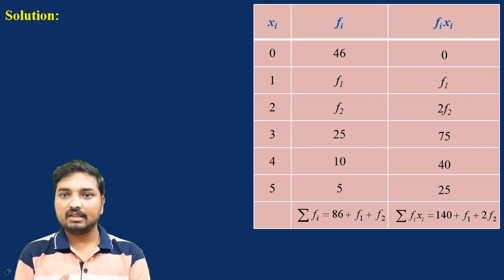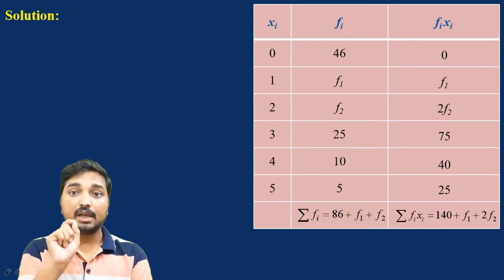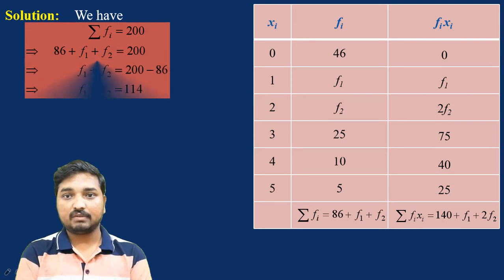Now the mean is already given to you, and one more piece of data is given to you: total 200. What I told you, 200, means summation Fi. It's very important. So I'm going to write summation Fi is equal to 200.